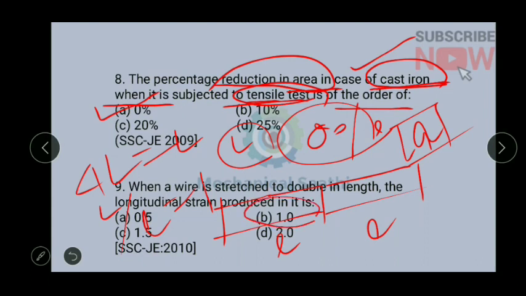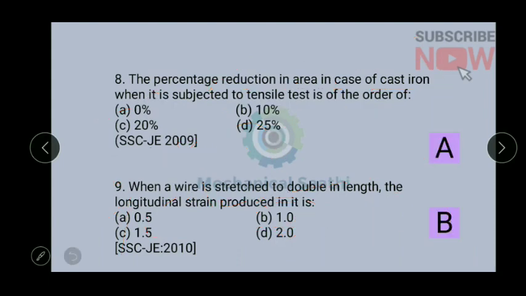So option B, longitudinal strain is 1, will be the correct answer over here. Let us check it. For question number 8, 0% is the answer, and for question number 9, 1 is the answer.